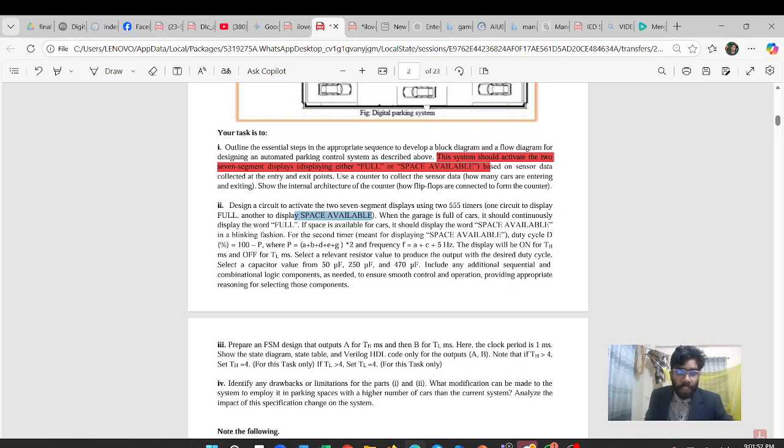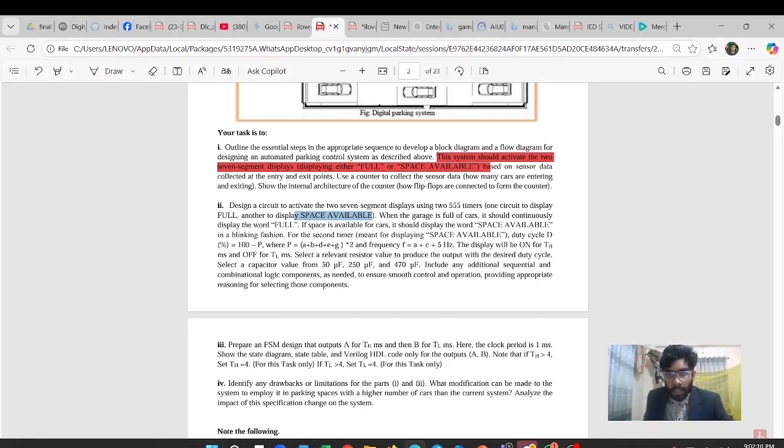Now my task is, first of all, to outline the essential steps and the appropriate sequence to develop a block diagram and a flow diagram for designing an automated parking control system as described above.